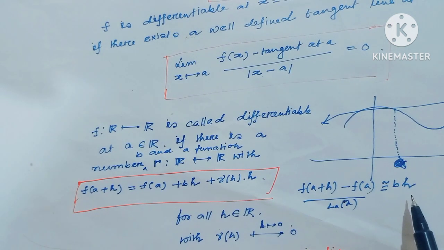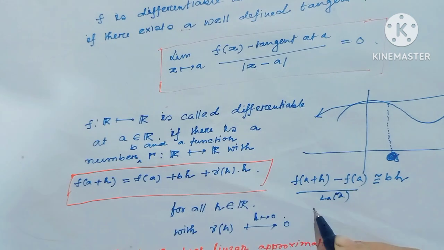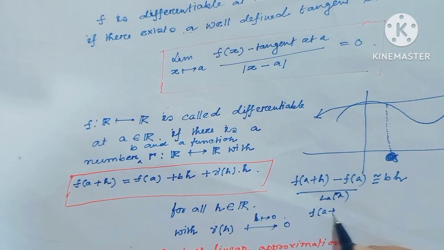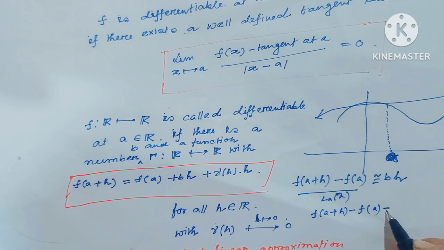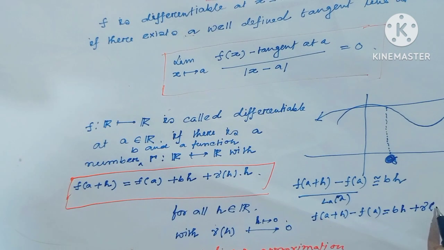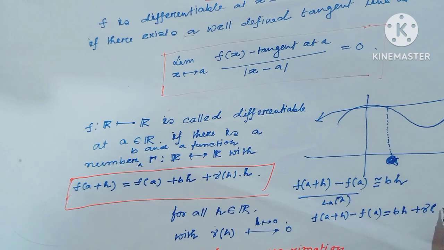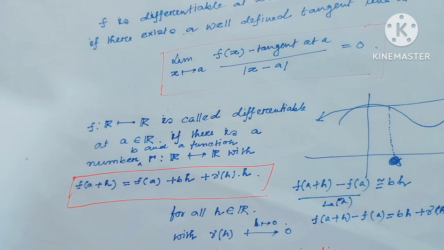Since this is only approximately equal to b h, there exists an error. So f(a plus h) minus f(a) equals b h plus gamma(h) times h, where gamma is the error.